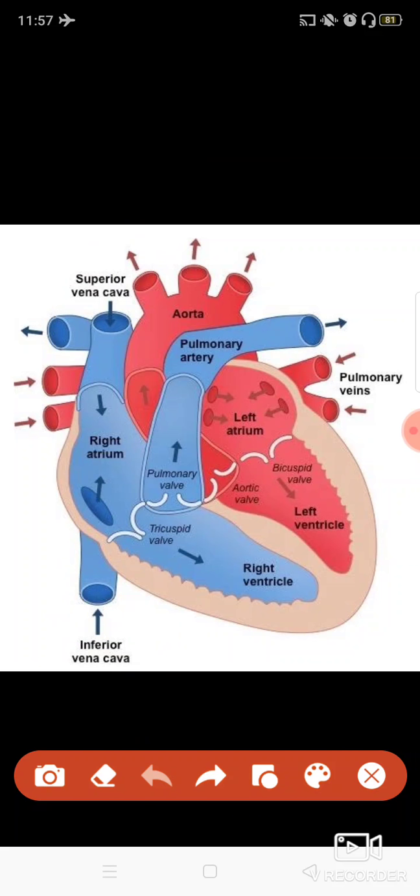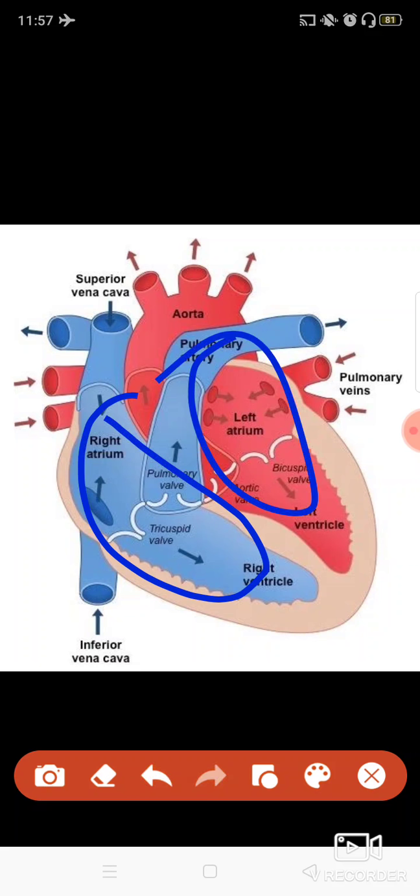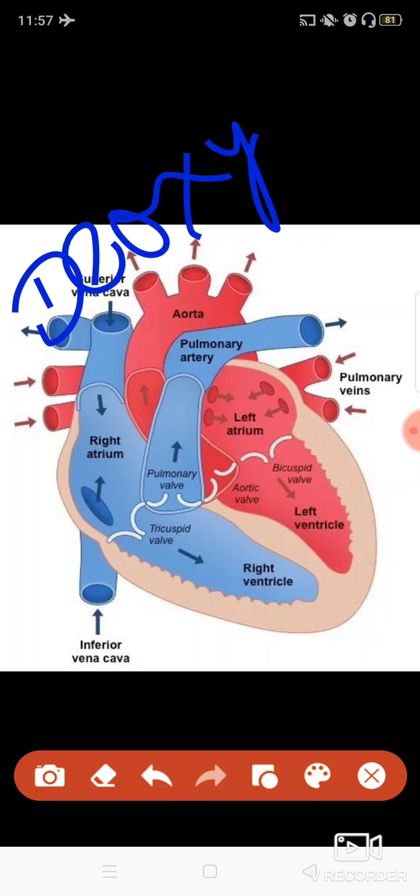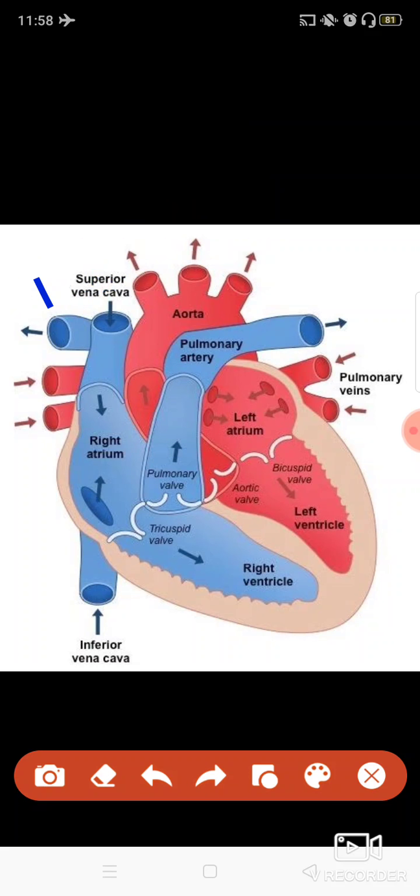You will see that this heart is colored in two colors, that is blue and red. Why is it so? Because vena cava, that is superior or inferior vena cava, brings the deoxygenated blood, that is the impure blood, from the body to the right atrium.